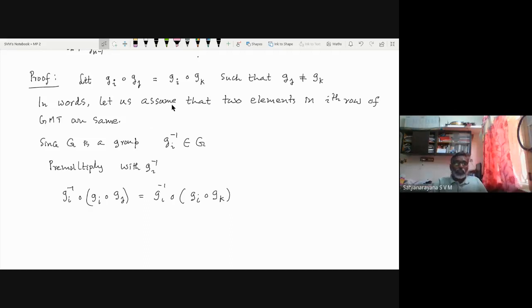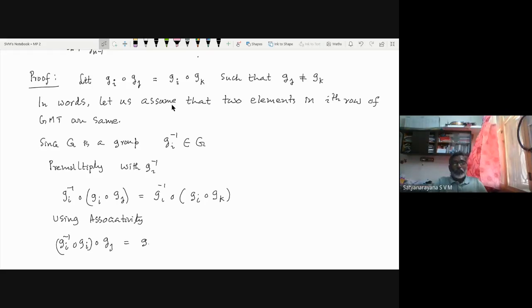Using associativity, we can write this as Gi inverse of Gi operated on Gj, which is equal to Gi inverse of Gi operated on Gk.